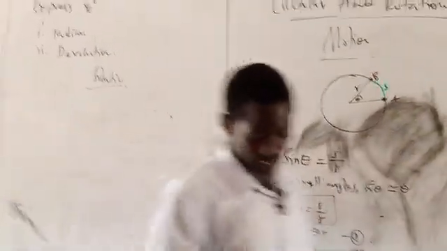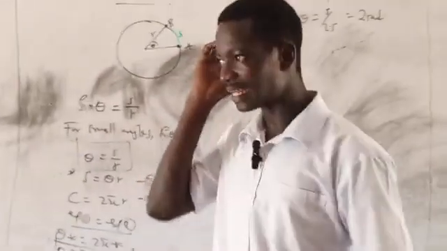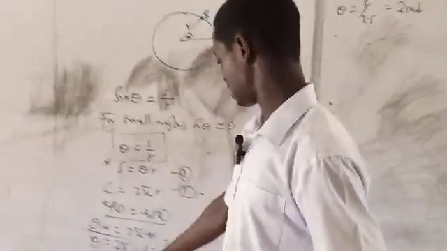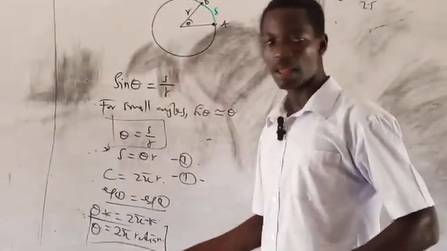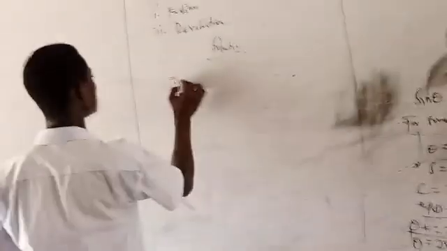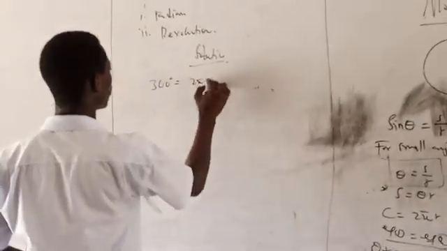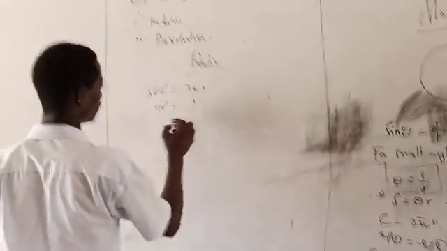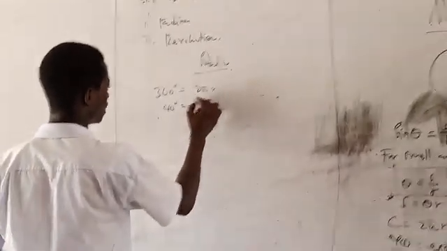Now to express an angle in radian, what you have to bear in mind is that 360 degrees equals 2 pi radian, because this theta is for the entire 360 degrees. So from 360 degrees equals 2 pi radian, 40 degrees equals an unknown, let's say x.